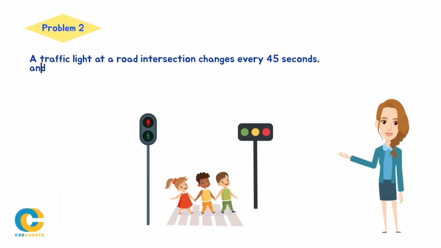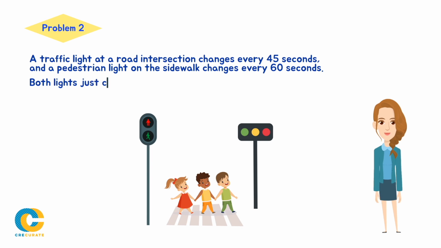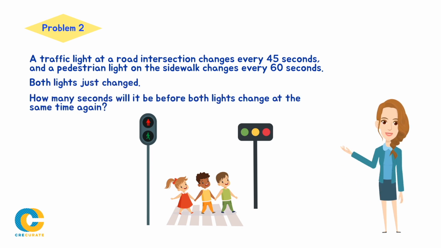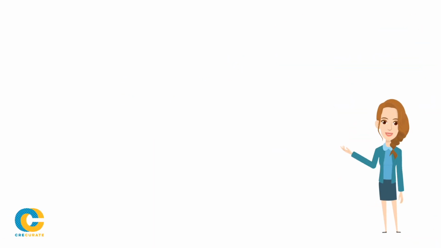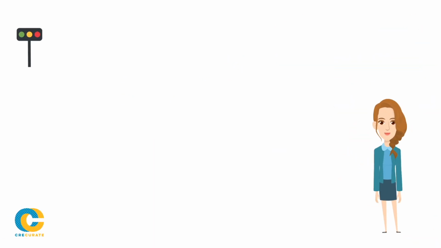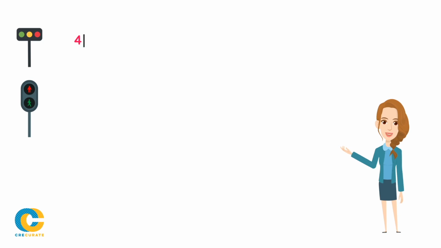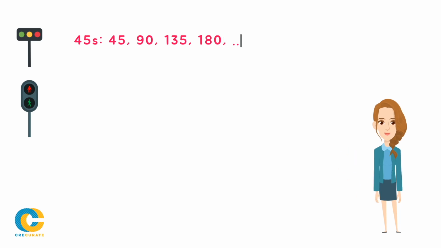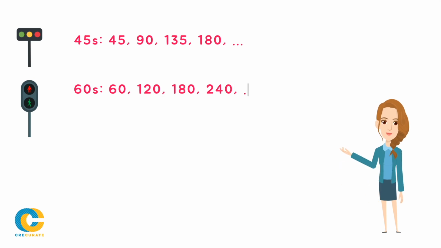Let us look at another problem here. In this question, the light changes every 45 seconds and 60 seconds, which means that the first light changes after 45 seconds, then 90 seconds, then 135 seconds and so on, while the second light changes after 60 seconds, 120 seconds, 180 seconds and so on.